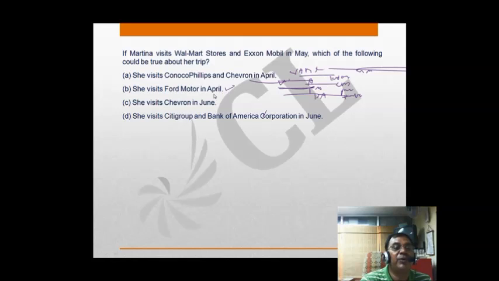She visits Ford Motor, she visits Chevron in June. Okay, but why can't she have Chevron in June? Because 2 to 3 is not possible. 3 to 3 is not a case, right? So this will be a case of 3 to 3, which is not a possible case.